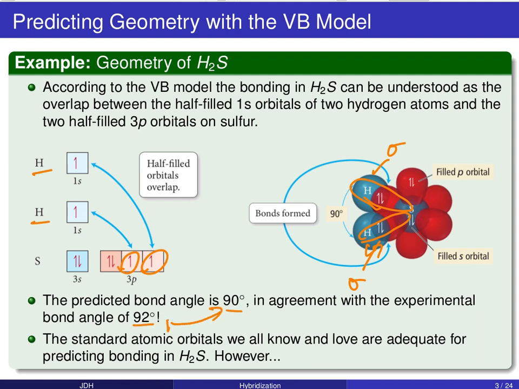The p orbitals, as they come out of our discussion of the quantum mechanical structure of atoms, are three different p orbitals that are all 90 degrees to one another. The experimental geometry for this SH bond angle, the angle between these two sigma bonds, is in fact 92 degrees. So we do a pretty darn good job.